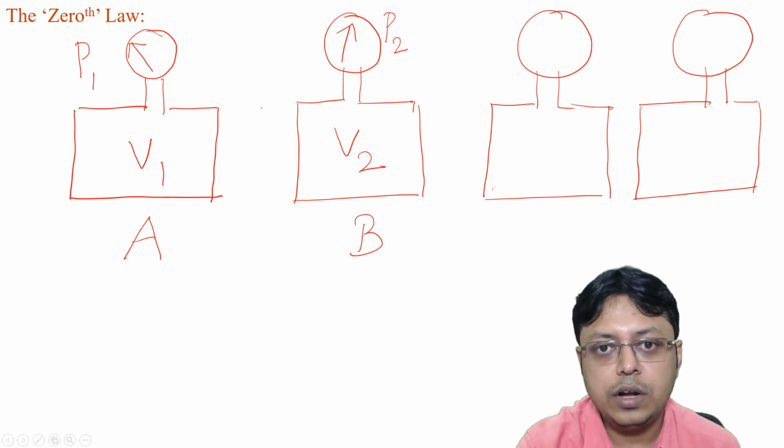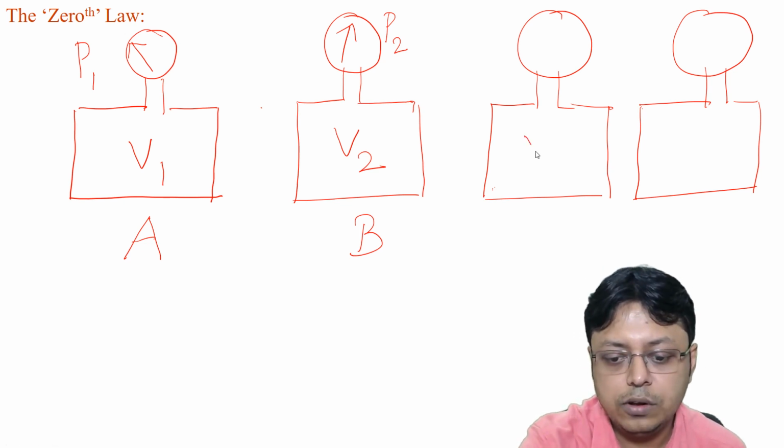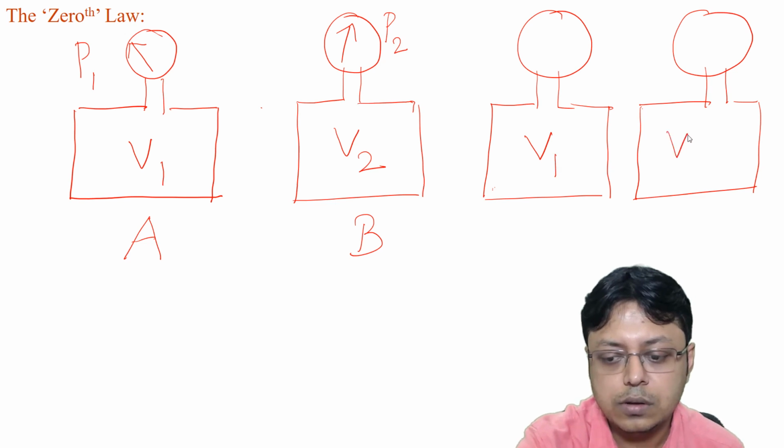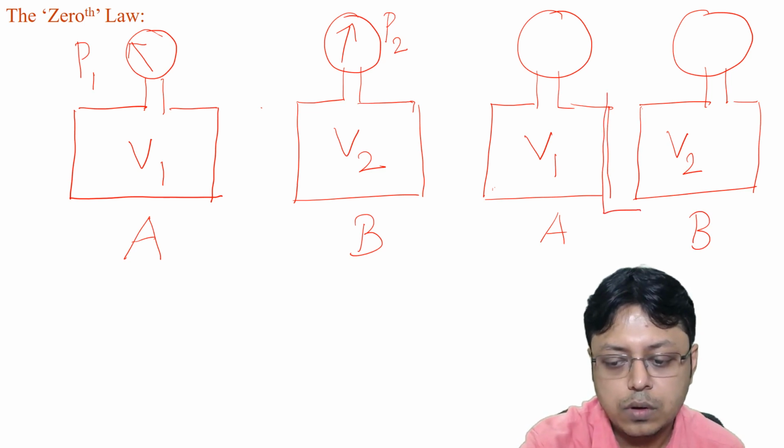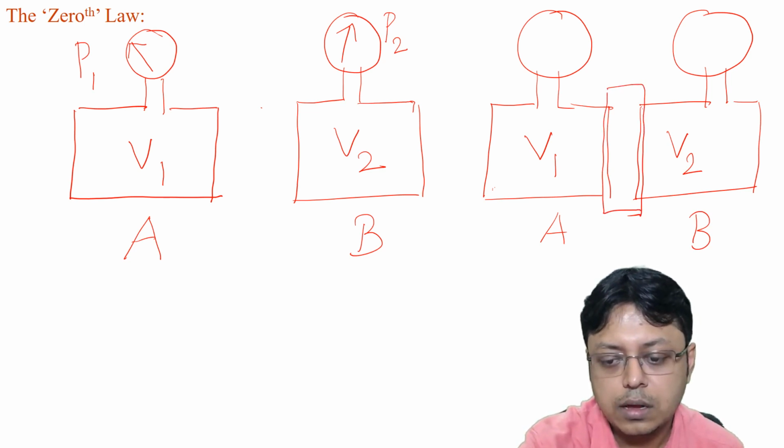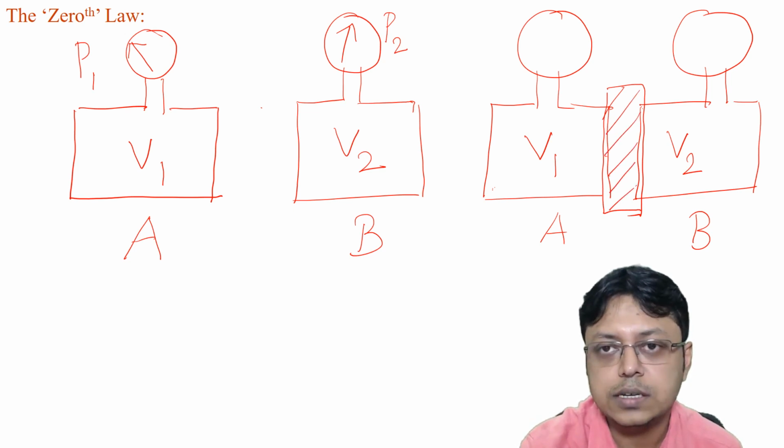Since the container volume is fixed, the volume of the gases will also be fixed. They will not change. And now consider a wall between them, that is a thermally conducting wall.